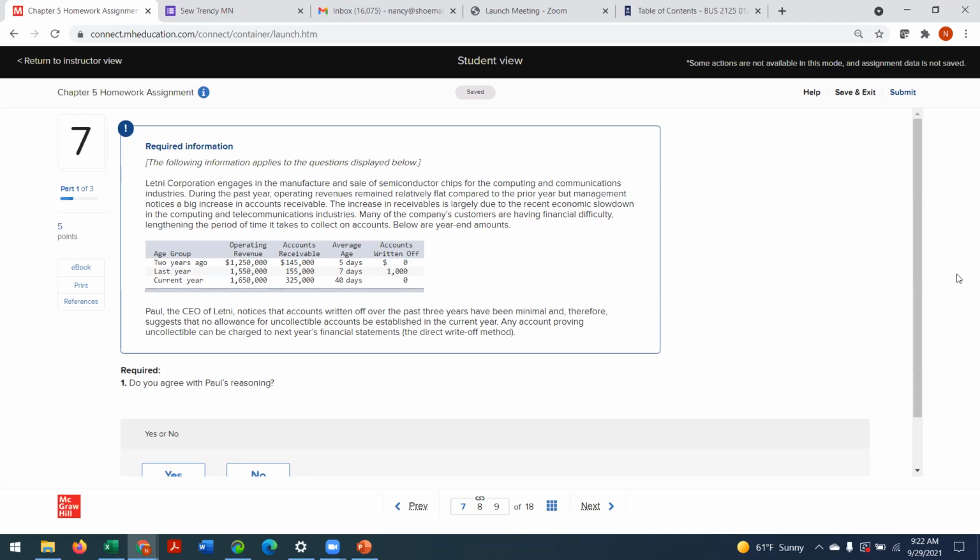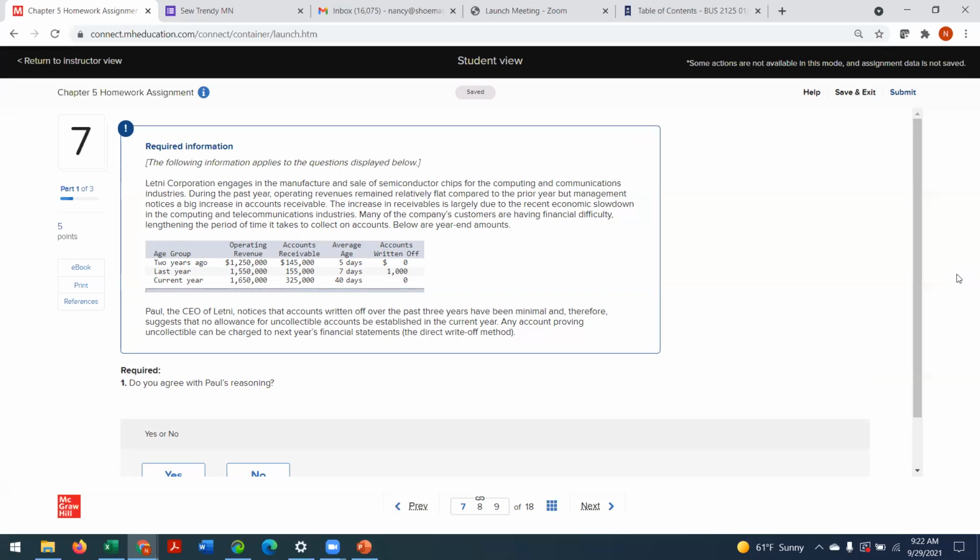The increase in receivables is largely due to the recent economic slowdown in the computing and telecommunications industries. Many of the company's customers are having financial difficulty, lengthening the period of time it takes to collect on accounts below our year-end accounts.